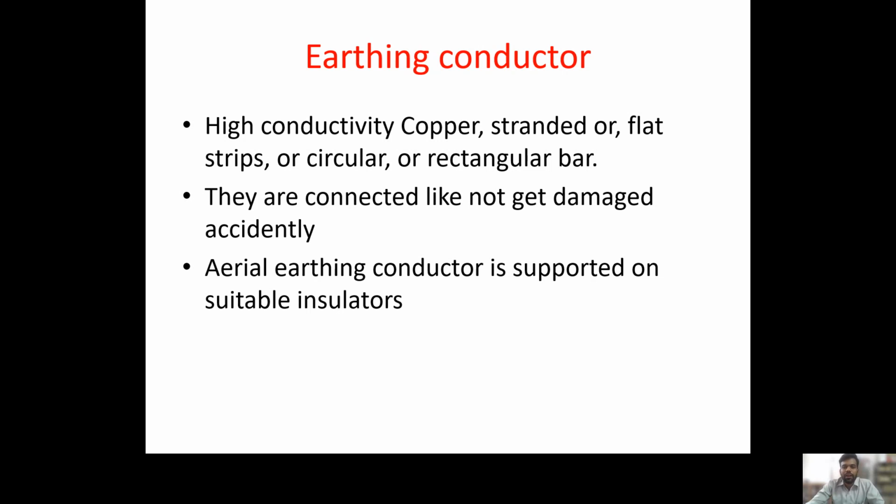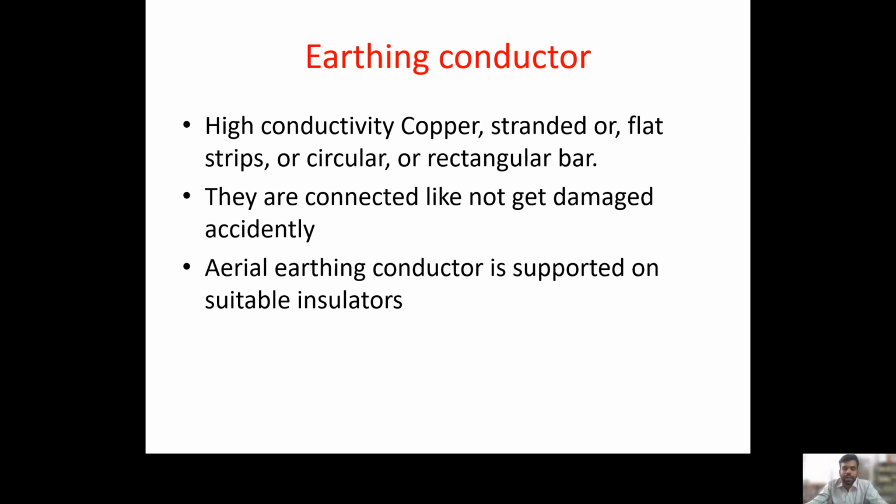The copper we use should be of high conductivity, and it may be stranded or flat strips or circular or rectangular bars. These are the different shapes of earthing conductors which we can observe, and they should be connected in such a way that they do not get damaged accidentally.